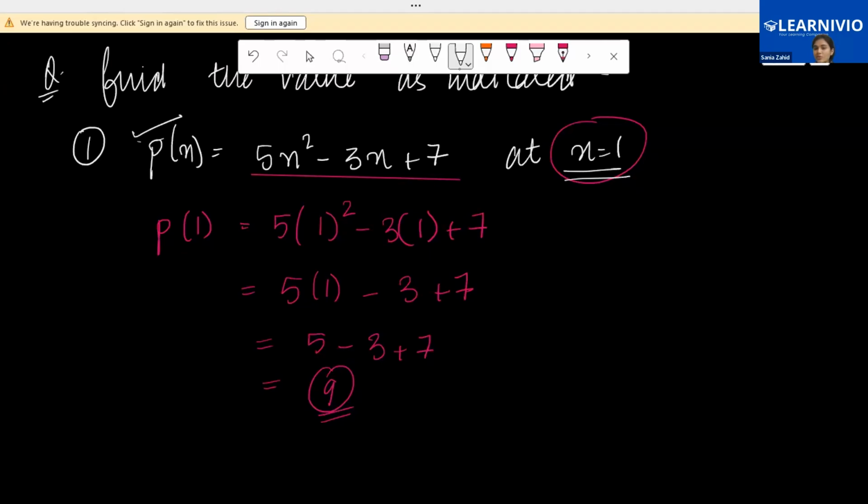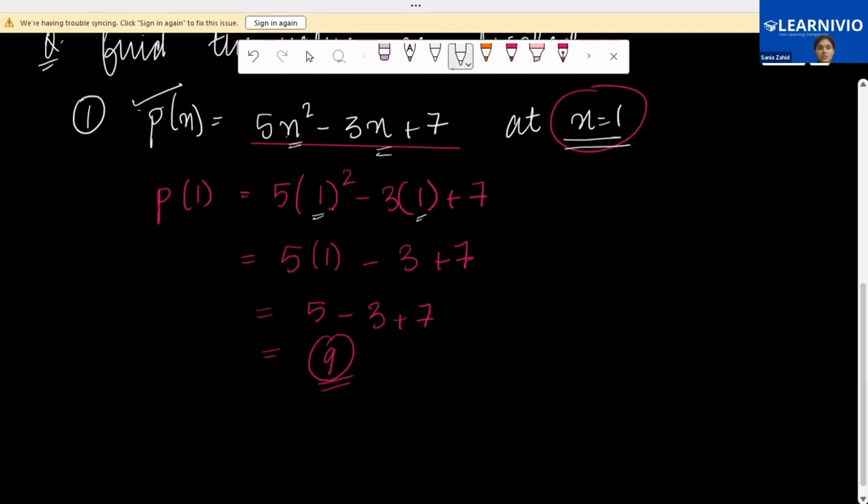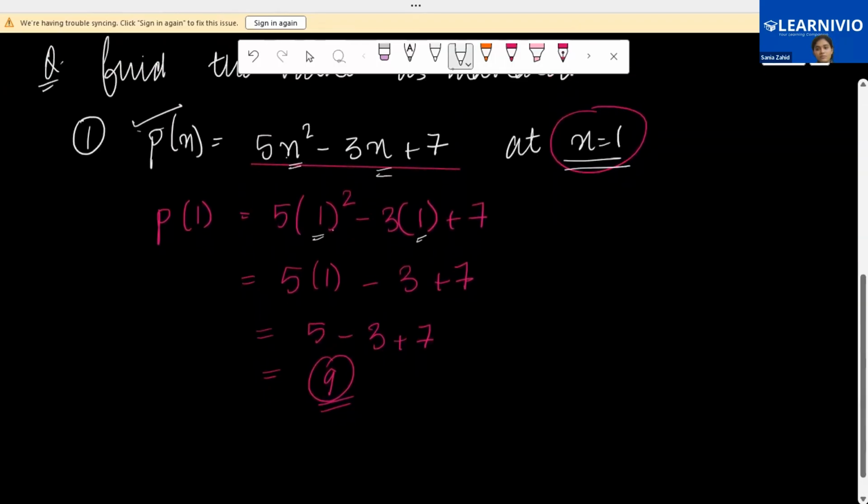Instead of x, I've written 1 everywhere. Here there was x, I wrote 1. Here there was x, I wrote 1. Then there was a square on it, so I put 1 squared. Then there was no power over here, so I just put a simple 1. So I'm just solving this. Now do you understand? I got it. So then just quickly copy this.